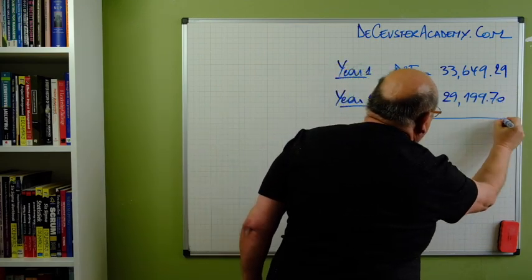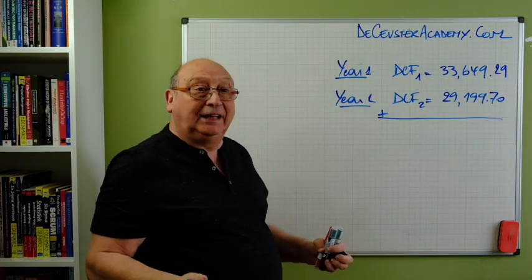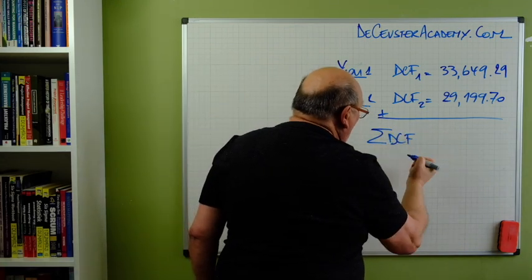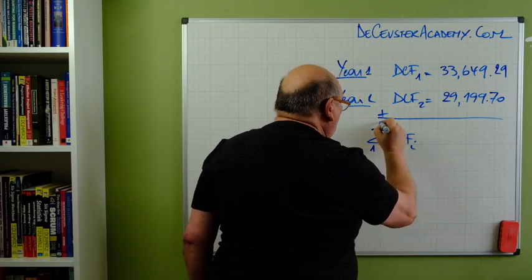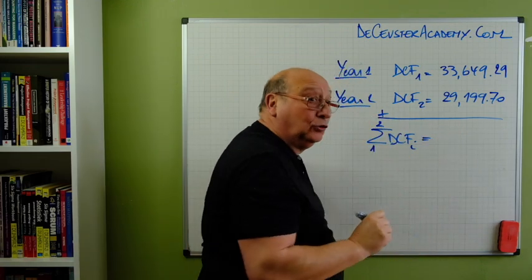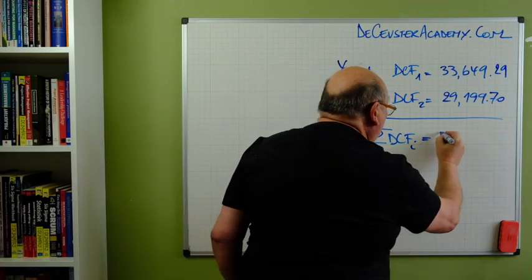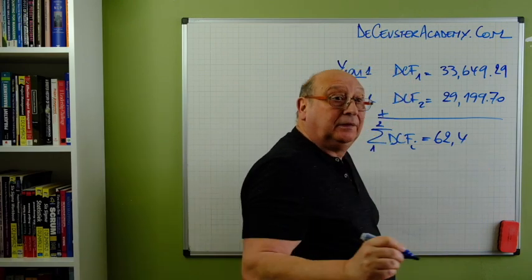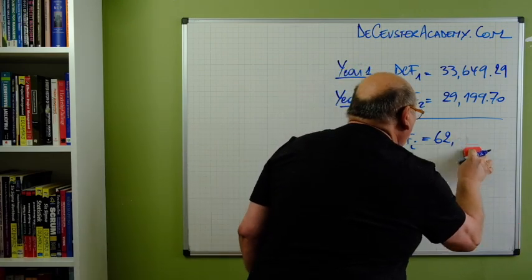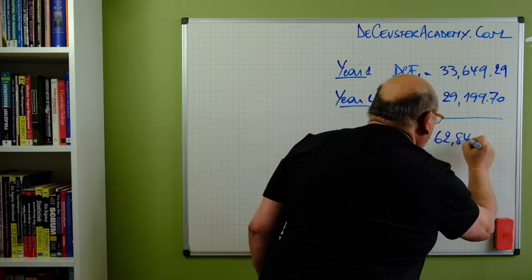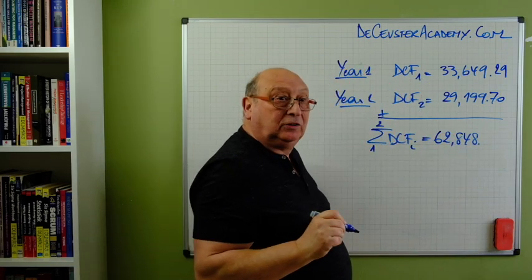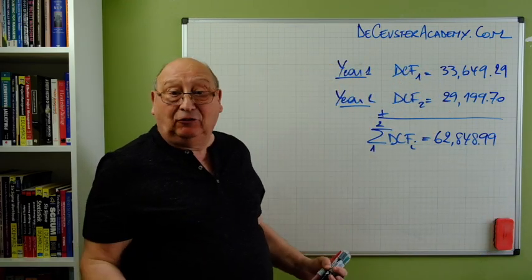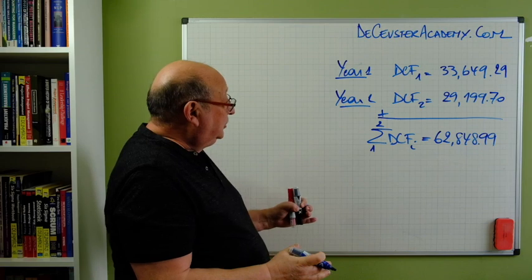When we add all of those together, we find the sum of the discounted cash flows from 1 to 2 is equal to 62,848.99, or we could say 62,849. So these are the discounted cash flows.